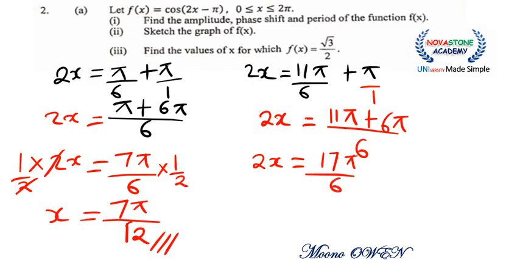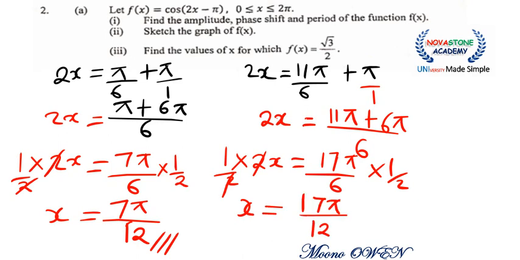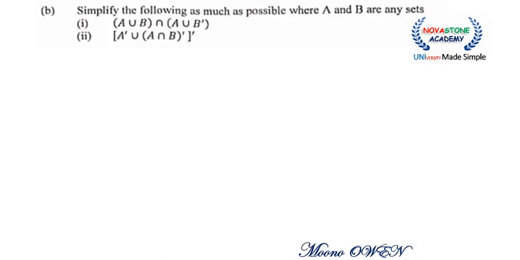For me to remain with x, I'm also going to multiply by a half on this side, and a half on the other side. So the 2 and the 2 are going to cancel, therefore my x is going to be 17 pi over 12. So basically these are the two answers that I'm going to have for this one.